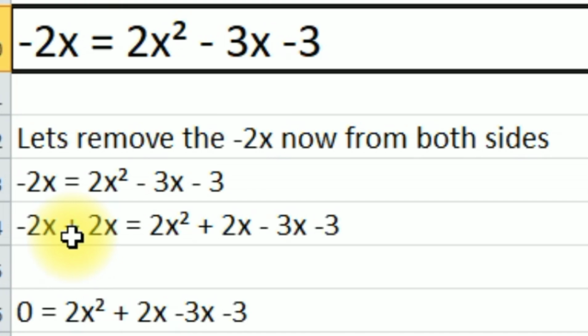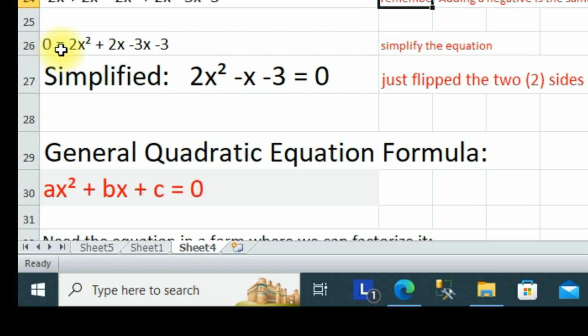So a minus 2x plus a 2x will get rid of that minus 2x. So that's what we do: minus 2x plus 2x is equal, and since we did it on the left, we have to also insert it on the right. So 2x squared plus the same 2x that we inserted on the left, minus 3x minus 3. 0 equals 2x squared plus 2x minus 3x minus 3.